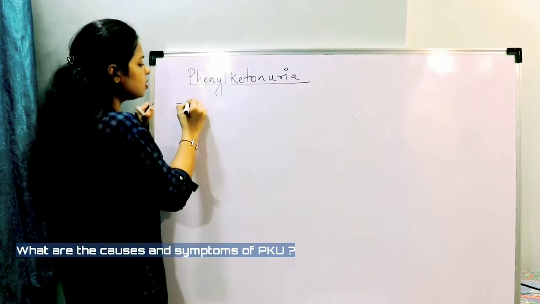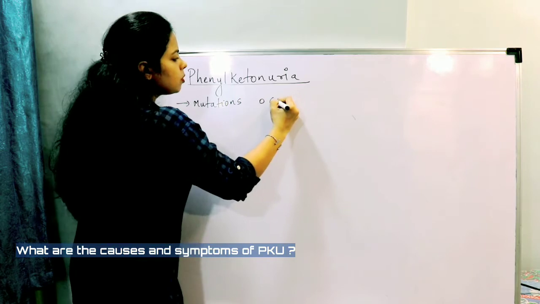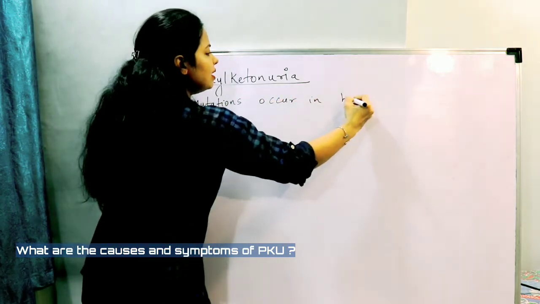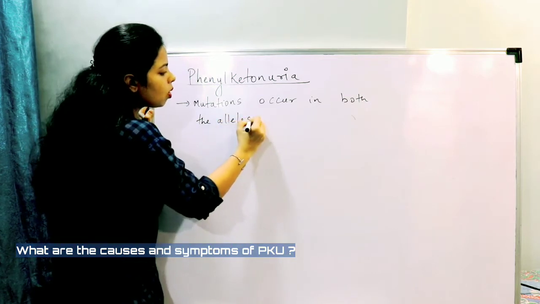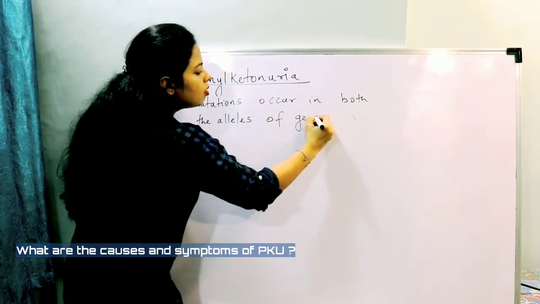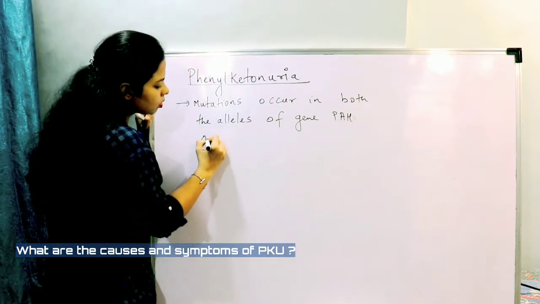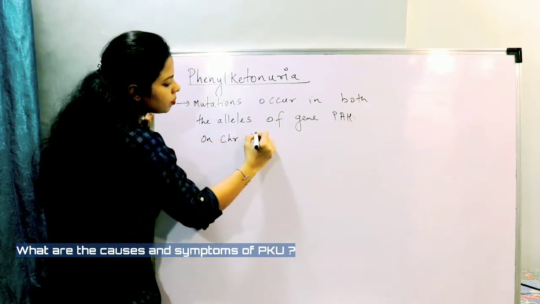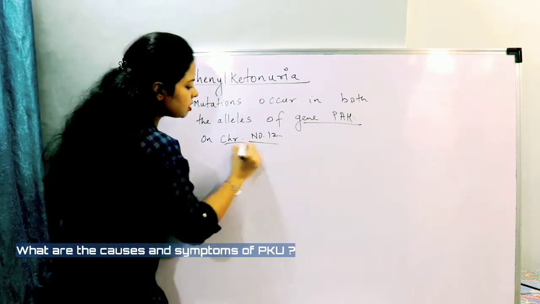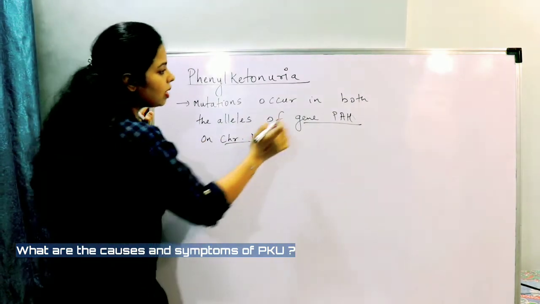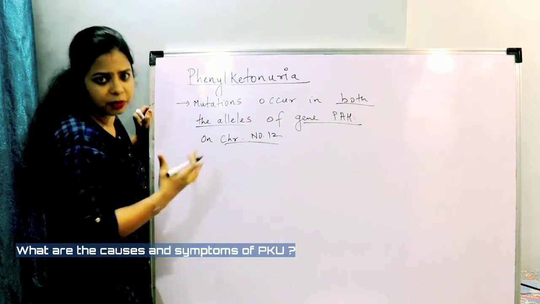Mutations occur in both the alleles of the gene phenylalanine hydroxylase present on chromosome number 12. Is it clear? So the gene is phenylalanine hydroxylase, which is present on chromosome number 12, and both the alleles are affected or mutated.